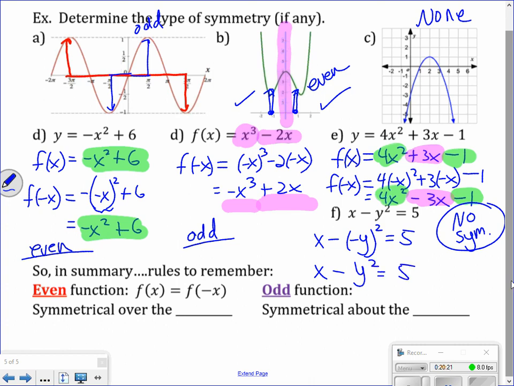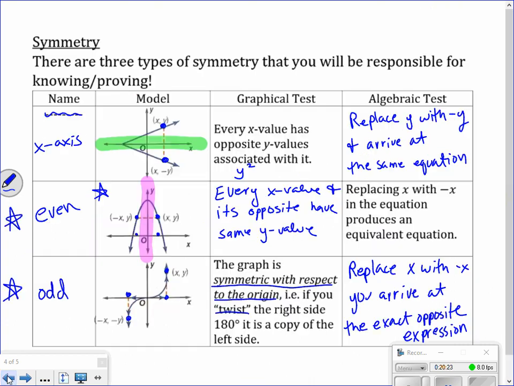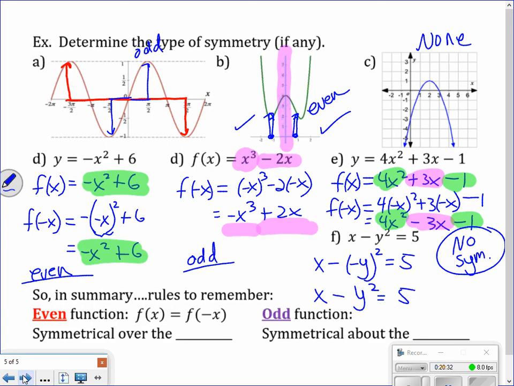So when I replace a y with a negative y, I got the exact same thing. And so this is basically just x-axis symmetry. If you wanted to, you could solve this for y and graph it. What you would get is a sideways parabola. We'll talk about these more later, but this is x-axis symmetry. You don't really have to know those as well as you have to know even and odd functions.